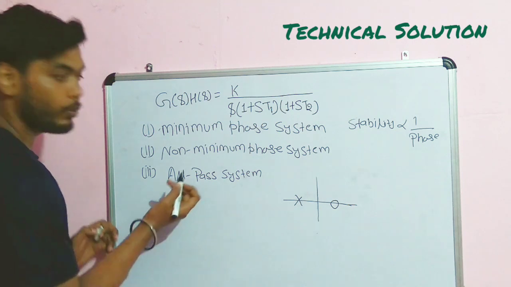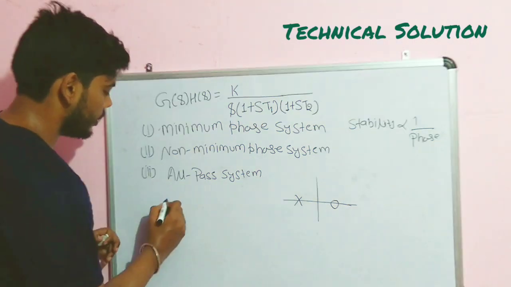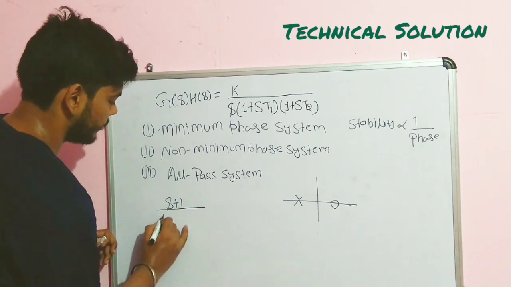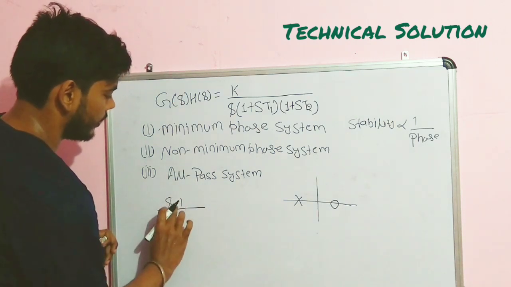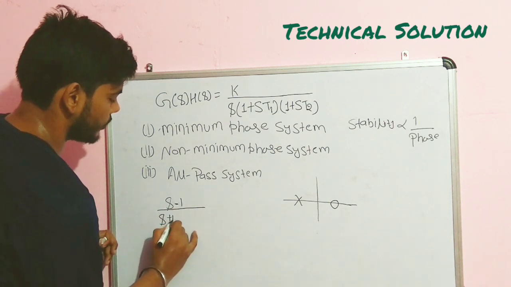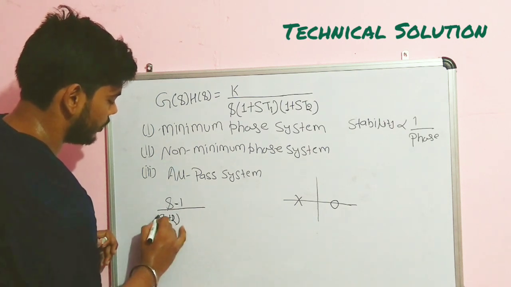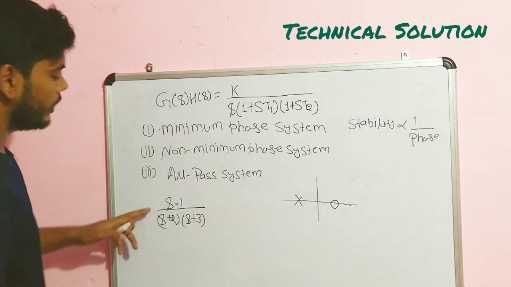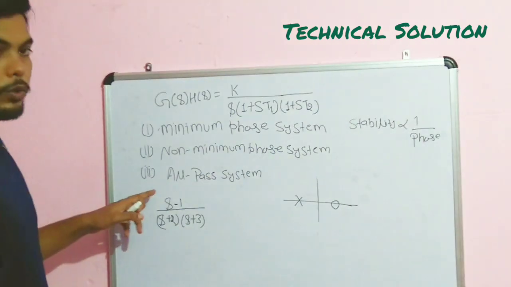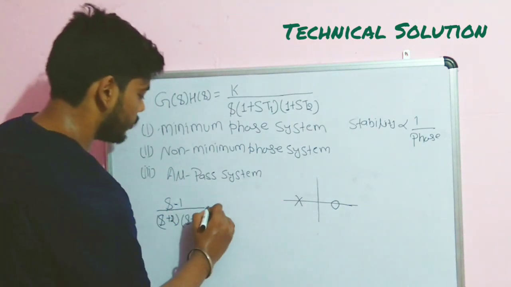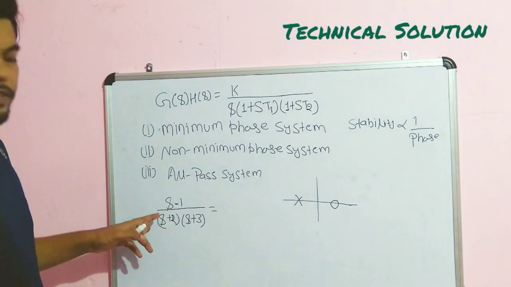So suppose we have a transfer function (s + 1) upon (s - 1)(s + 2)(s + 3). Here one zero lies on the right side of the s-plane, so it is a non-minimum phase system.